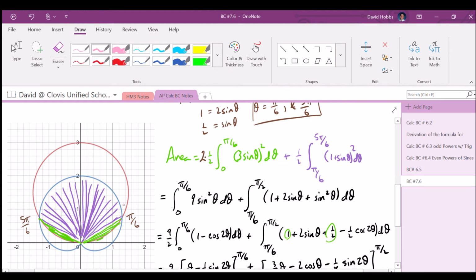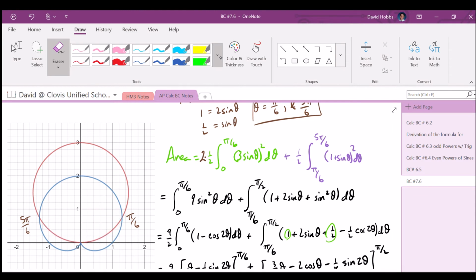So it looks to me like, actually I'm going to erase the other part we just did. Looks to me like we are doing this, which appears to be the second formula that I gave you guys today.